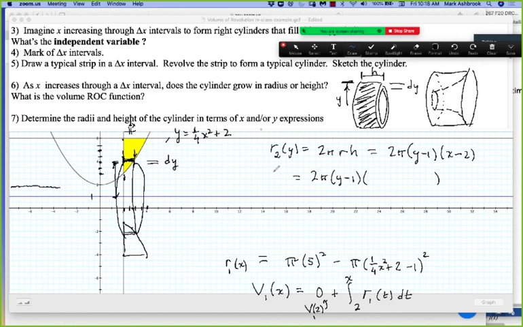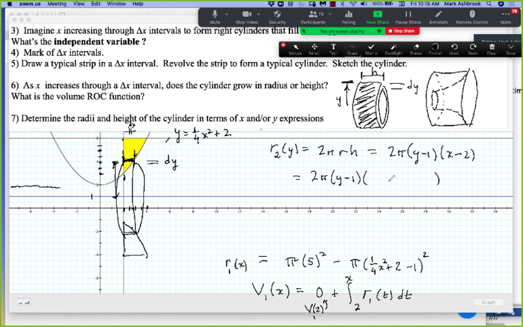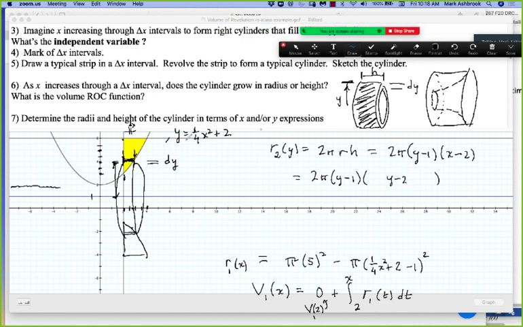So we want x, but written in terms of y. So it's going to be y minus 2, subtract 2, we're going to multiply by 4, and then we're going to take the square root of that to get x. And that whole thing is then minus 2.